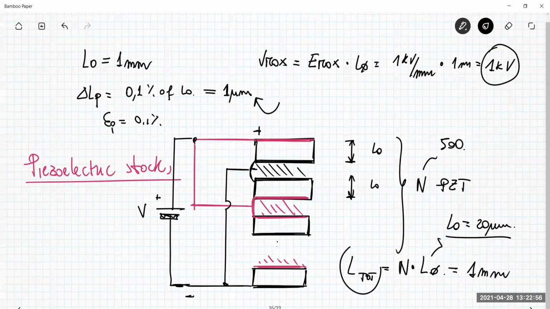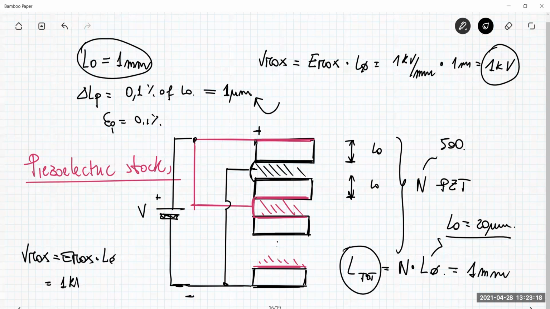So the total length here is the same length that I have in the previous example, in which you have just one PZT material. But now, which is the voltage that I have to apply? The voltage V maximum is E maximum multiplied by the length L0, which, supposing 1 kilovolt per millimeter, is multiplied by 20 micron.